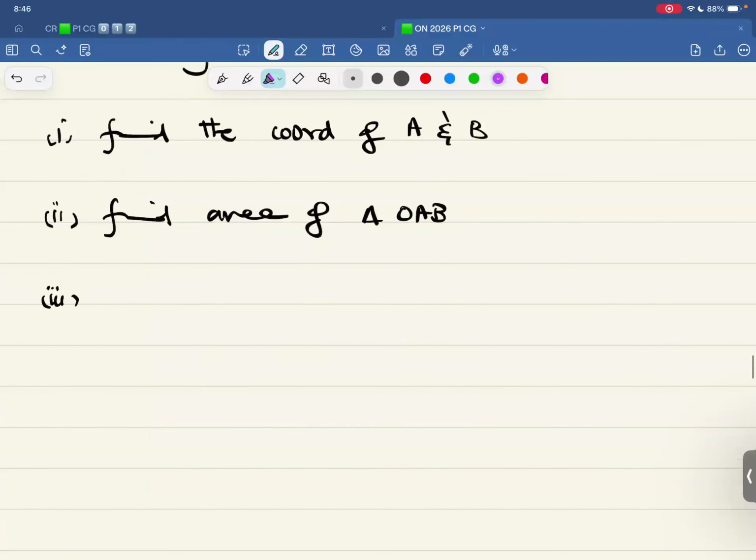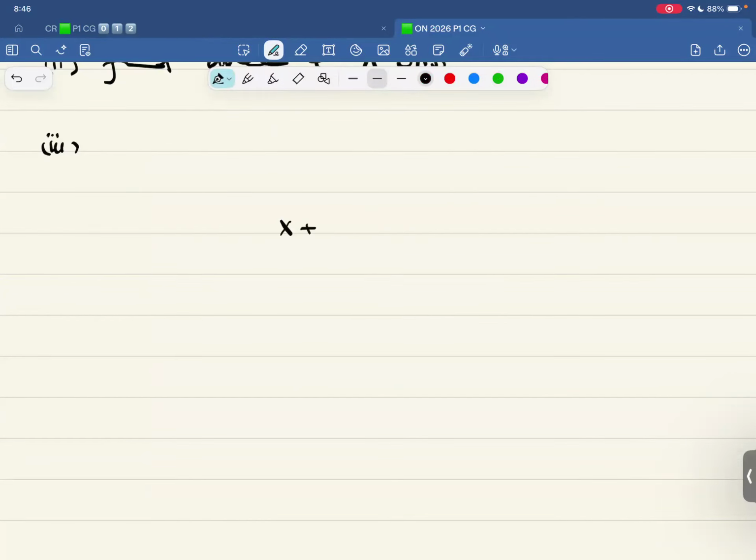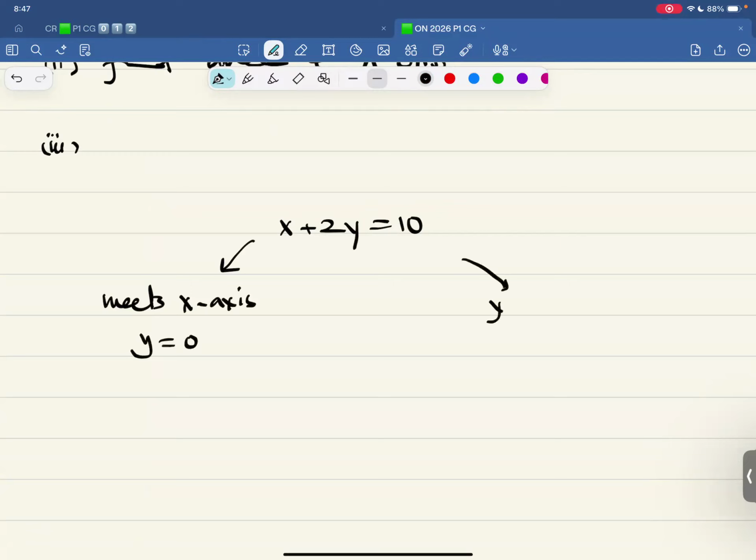But before that, if I say x + 2y = 10, where the line meets the x-axis, the y coordinate is 0. Where the line meets the y-axis, the x coordinate is 0.